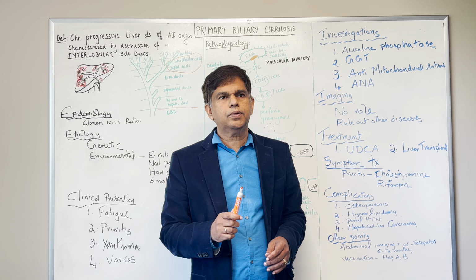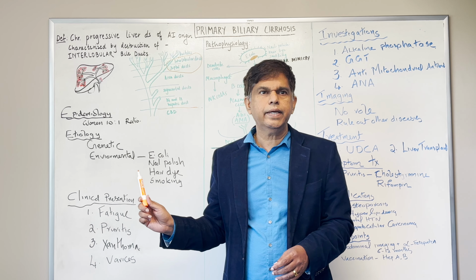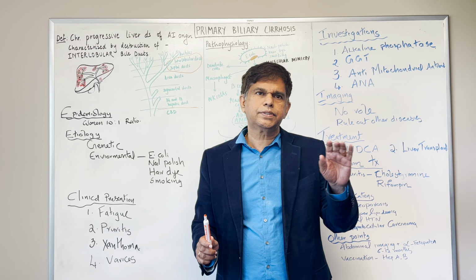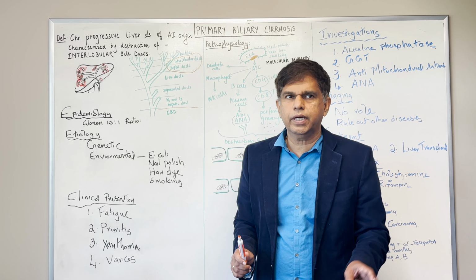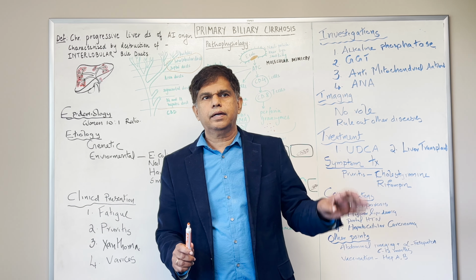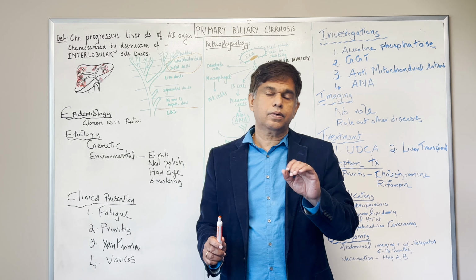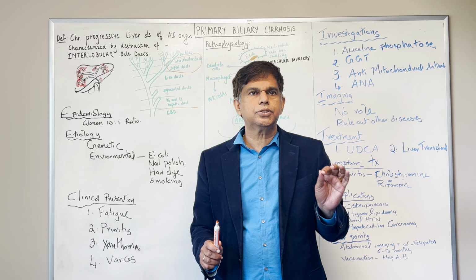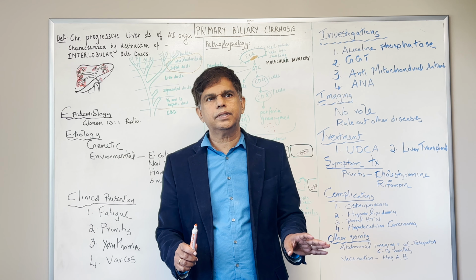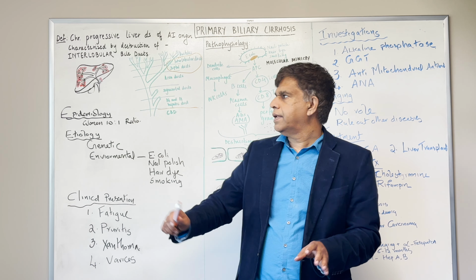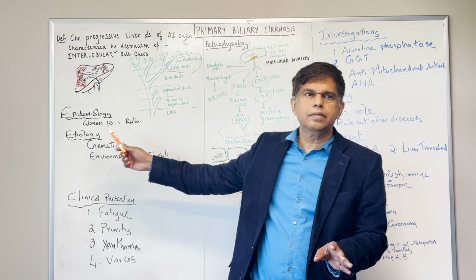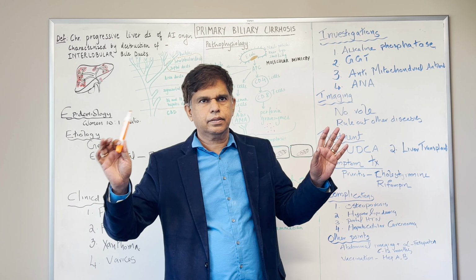So if I'm writing a question, this is very, very important. Say a 50-year-old patient who works in the nail polish business comes with itching, then we have to think about female, think about primary biliary cirrhosis, okay?